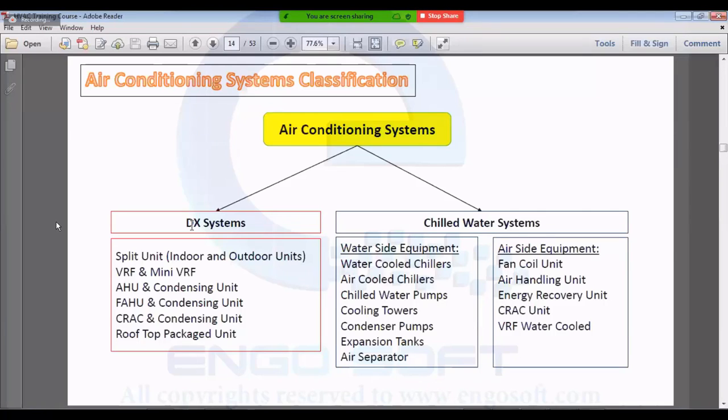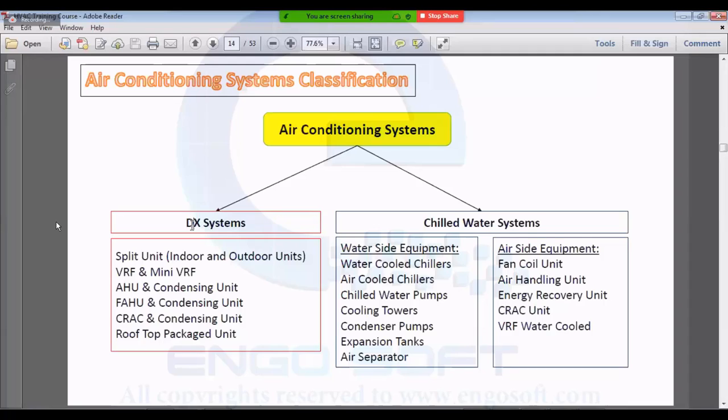So here we have two advantages. We provide the fresh air needed by the space without overestimating, and we reduce the cooling load, right? So this is the main difference between the AHU and the fresh air handling unit.